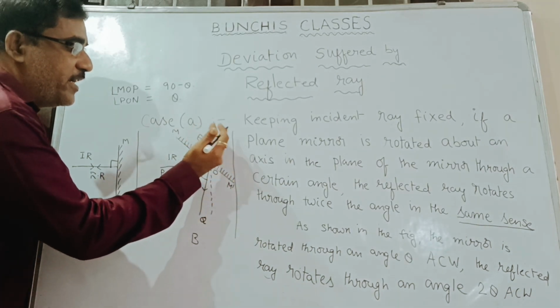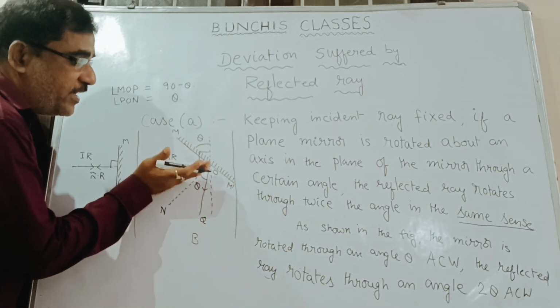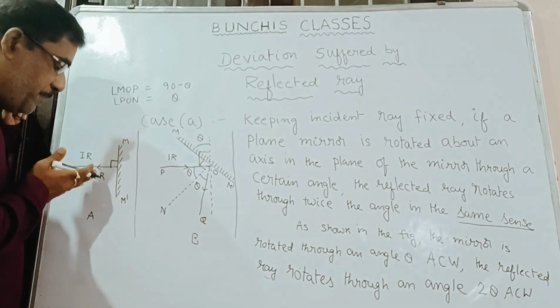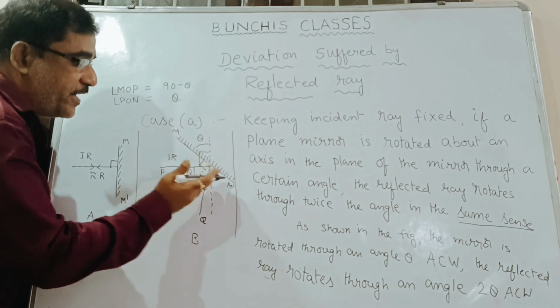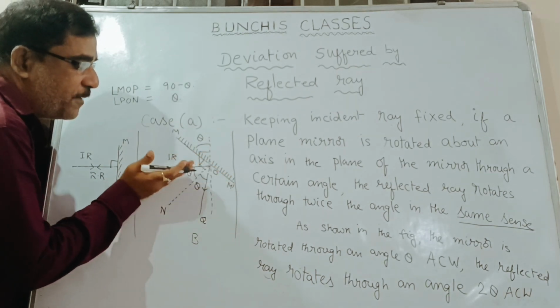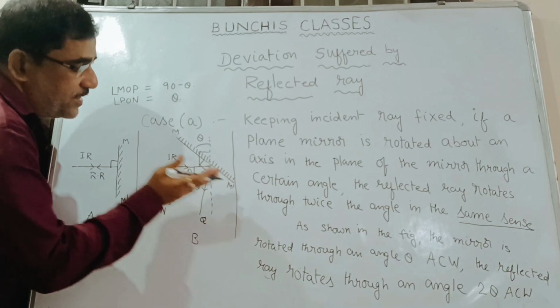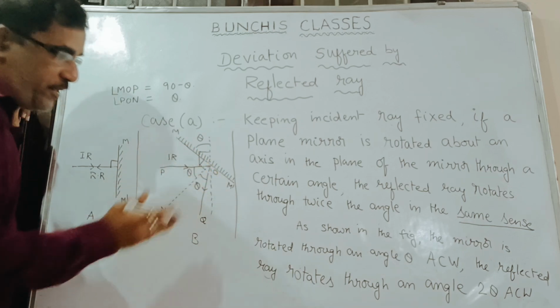When the mirror is rotated theta angle, the reflected ray has rotated theta plus theta, which is 2 theta, in the same sense, that is anti-clockwise direction.